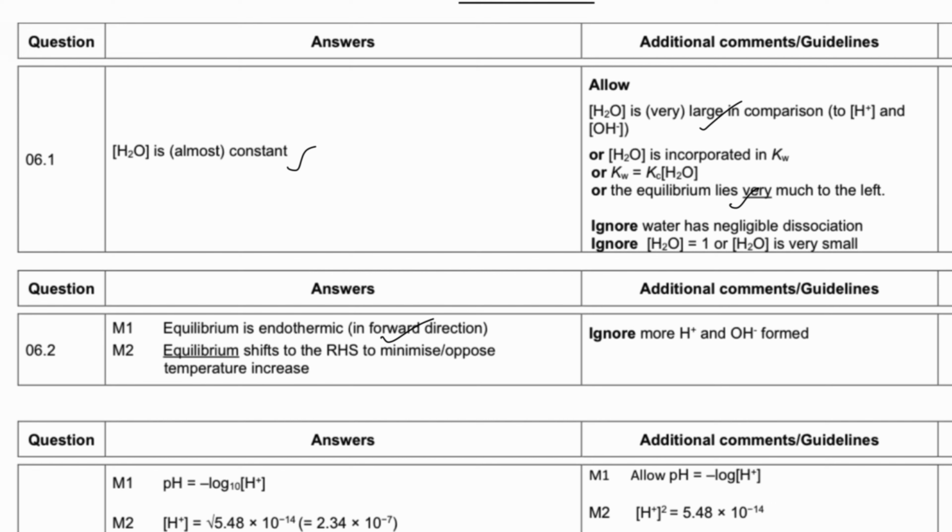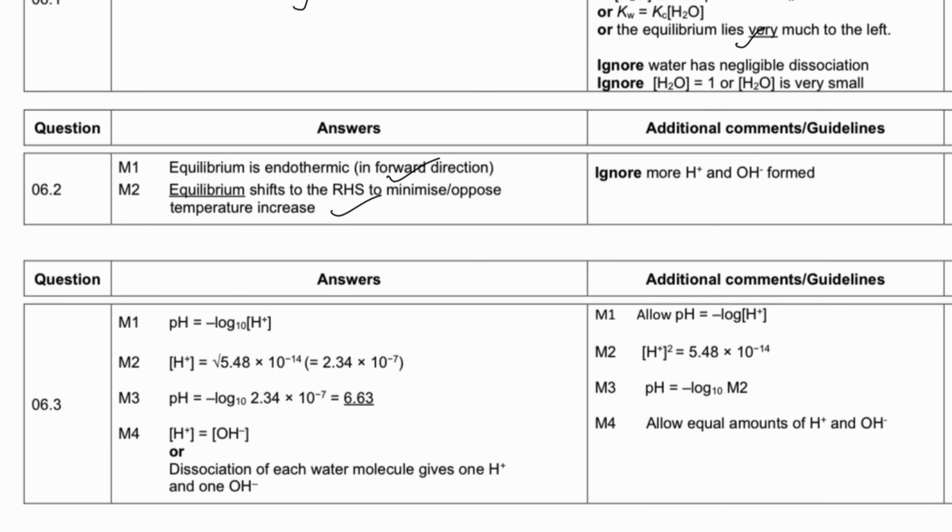Equilibrium shifts to the right hand side to oppose the increase in temperature, and that's what we needed to say. 6.3, we had the pH expression. We did the square root of 5.48 times 10 to the negative 14. We put our value into the pH function and got a pH of 6.63. Perfect. And we got marking point 4 by saying the concentration of hydrogen ions is always equal to our concentration of hydroxide ions.